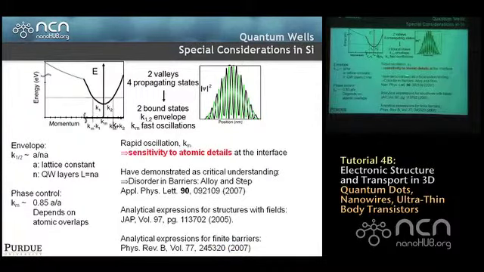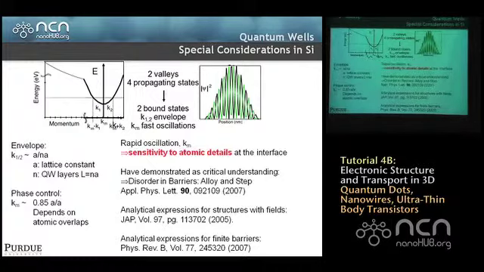And really sensitivity to atomic details is important, and we have sort of a critical understanding in that. We have some analytical expressions you can look up in these papers, and analytical expressions for finite barriers. So there's a whole slew of papers that goes with that. Yeah?